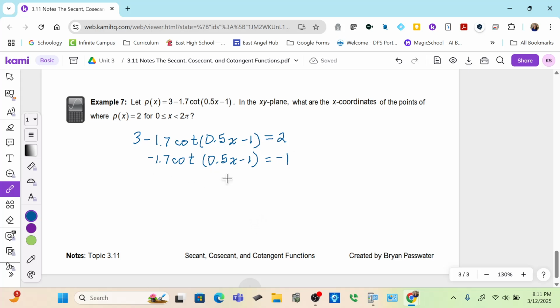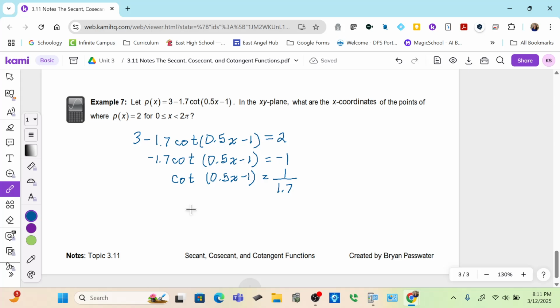Then I'm going to divide both sides by negative 1.7. So I'm now going to have cotangent of 0.5x minus 1 equals, a negative divided by a negative is positive, so 1 over 1.7.